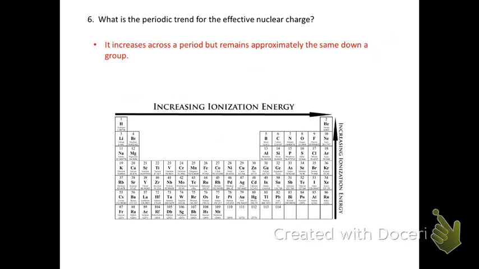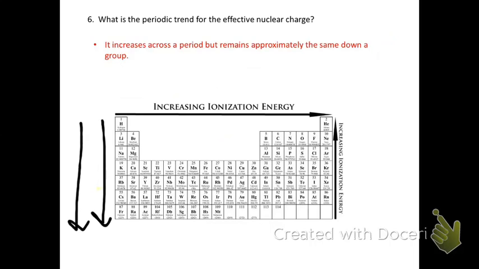We can look at this by looking back at our periodic table here. As we go down the periodic table, the shielding effect increases, but also the number of protons increases.